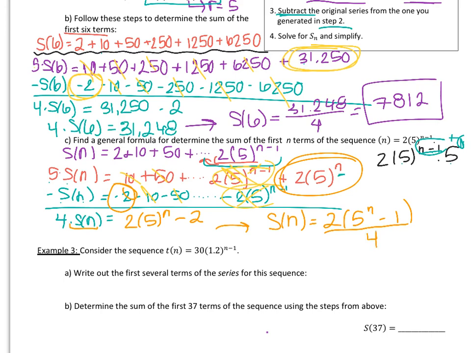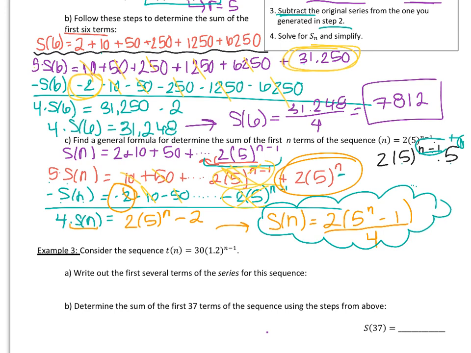Okay. So this formula is what we just generated to calculate the sum of the first n terms of our sequence. And we are going to start sticking with formulas, not necessarily going through this long process that we did here. I just wanted you to see where this formula came from.